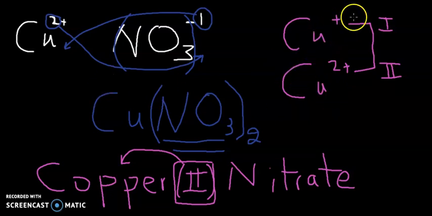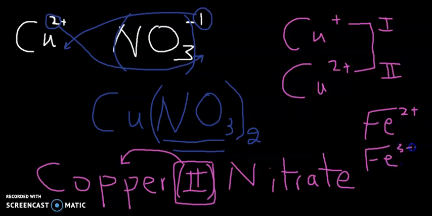The most famous examples are copper and iron, Fe, which has a charge of 2 plus or 3 plus. So if in your compound you have iron 2 plus, you put Roman 2. If you have iron 3 plus, you put Roman 3, and so on. So this is really important to know, and you have to put the Roman numerals within the name.